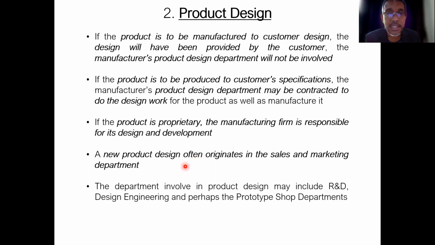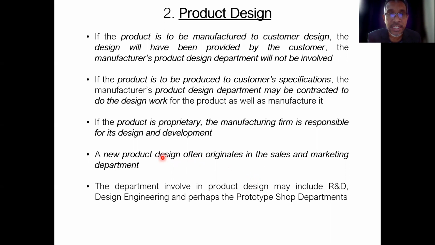So a new product design often originates in the sales and marketing department. Some customers just give an idea to come out with a product for their company, for example.